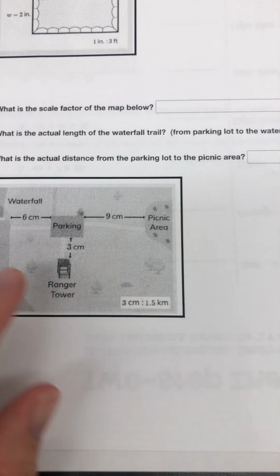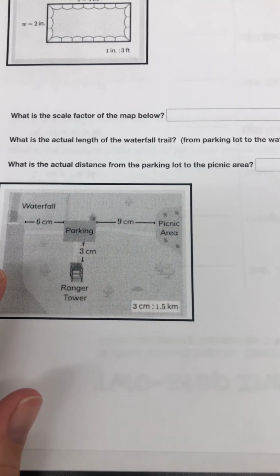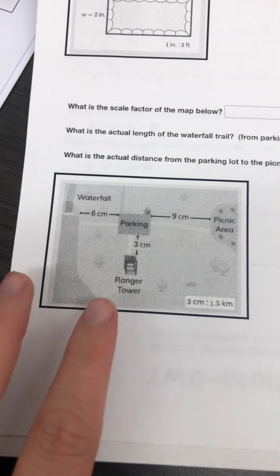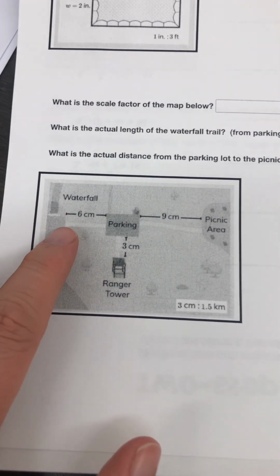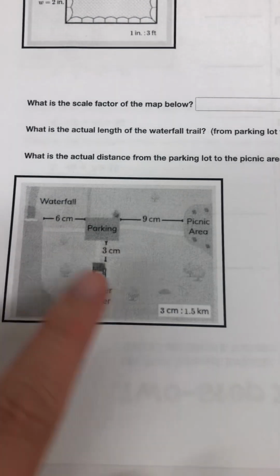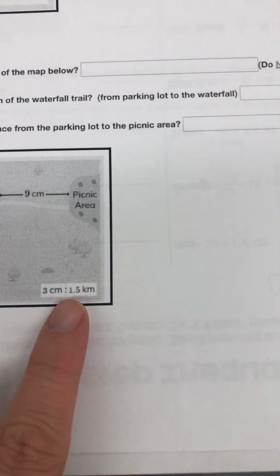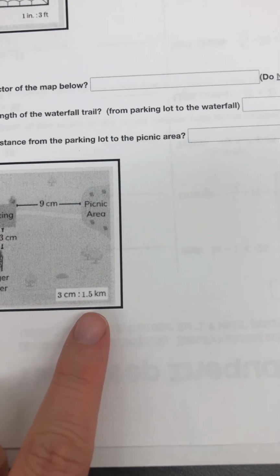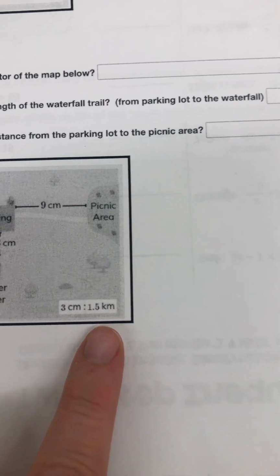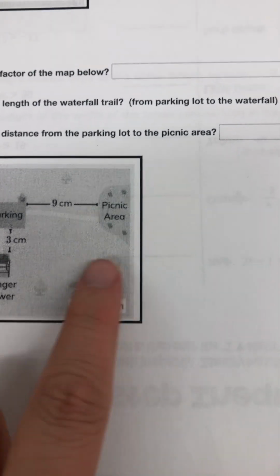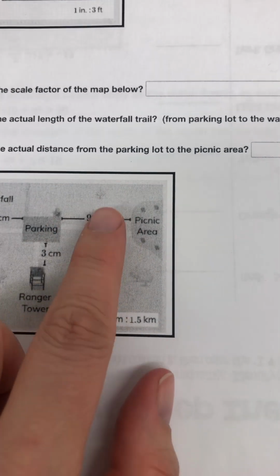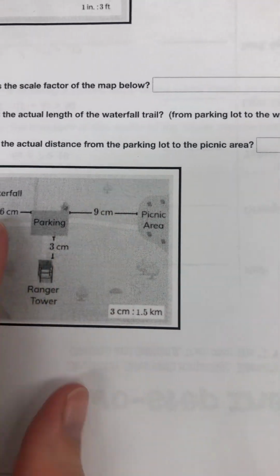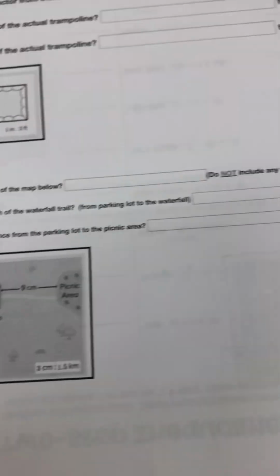Of course, these are just drawing measurements because 6 centimeter is a very small distance, and in real life it won't be 6 centimeter. But the scale tells us that 3 centimeter is represented by 1.5 kilometer. So we're going to use this to find the scale factor and also find the real measurements of these 3 trails.